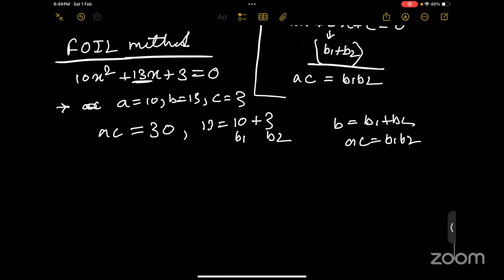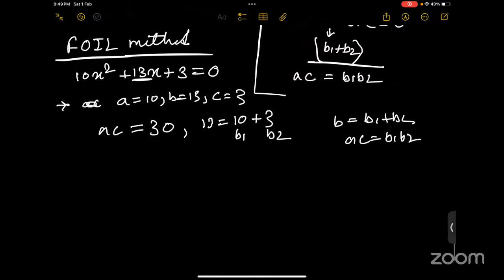So you have to think about the constant and break it in such a way that their multiplication becomes the same as the multiplication of A and C. So if you have 13, then you can break it into 10 plus 3, right? In that case you will get the multiplication same as the multiplication of A and C.